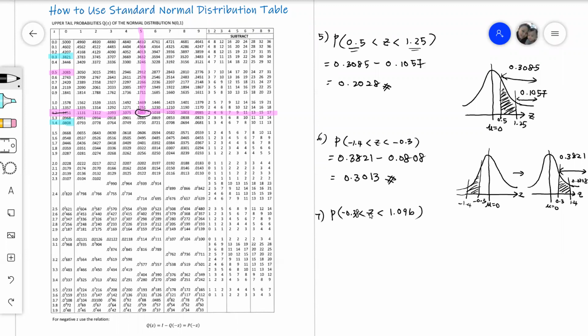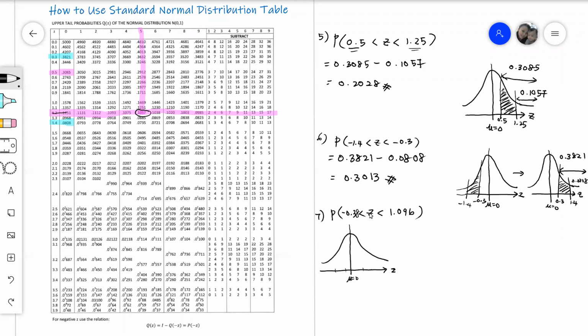I'll increase the difficulty level a little. Again, we have to sketch the bell curve. This is our z-axis. Remember that the z-score is the value on our z-axis.